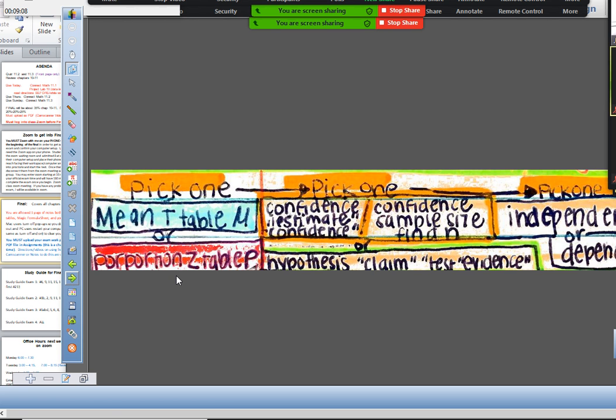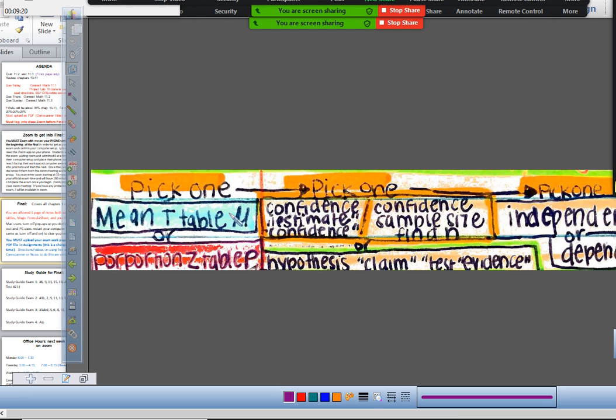This is the one she did. This is the part on her notes that she used for chapters 7, 8, 9. So pick one, the mean or the proportion. The mean would have a T table, a mu; proportion would have a Z table and P. Then pick one of these: it's going to be a confidence interval, which means it's going to say estimated confidence, or it's going to be a hypothesis, so it might have something like test or claim or evidence.